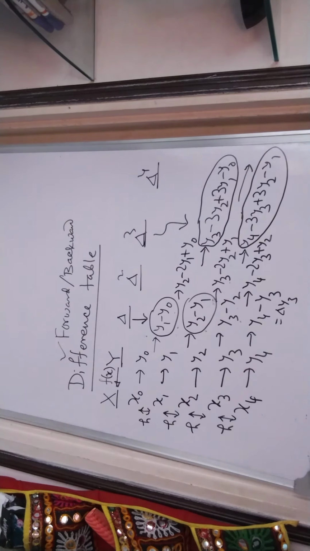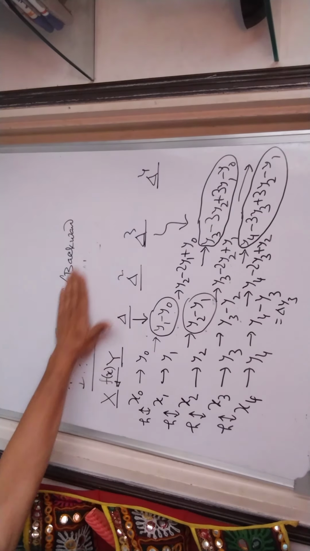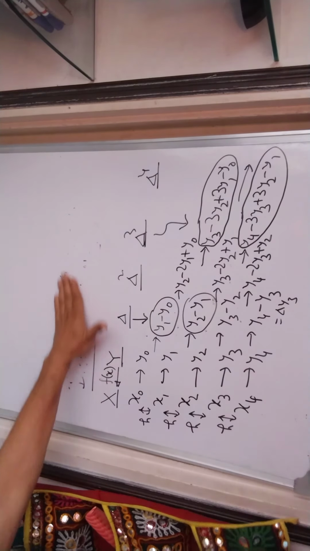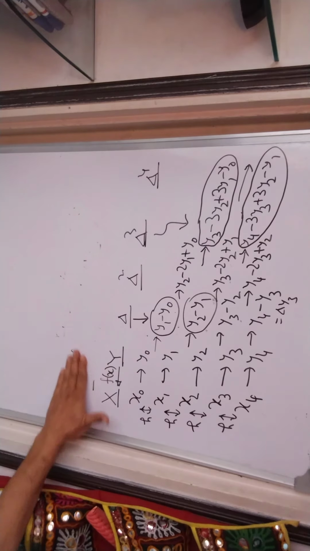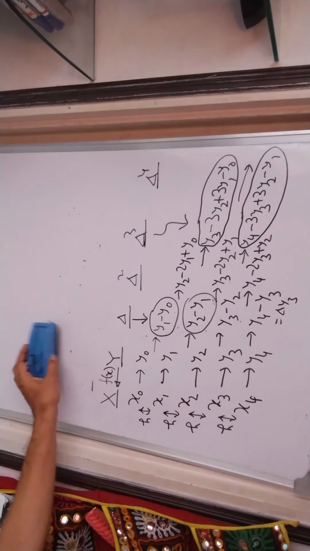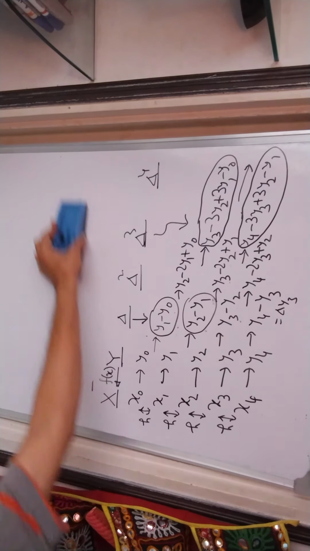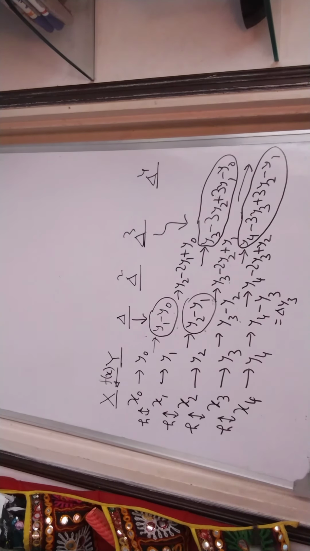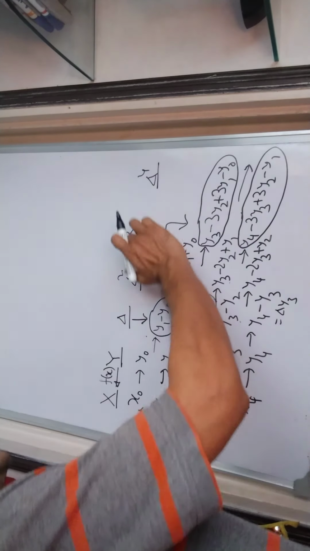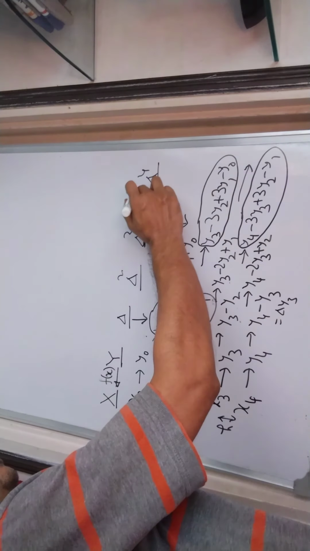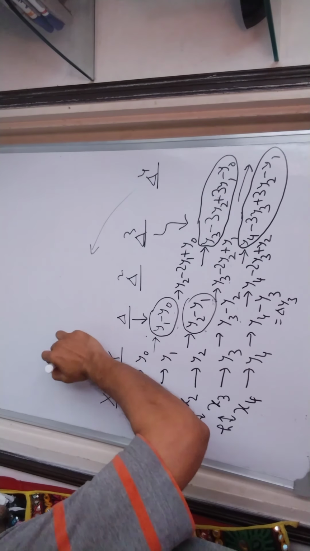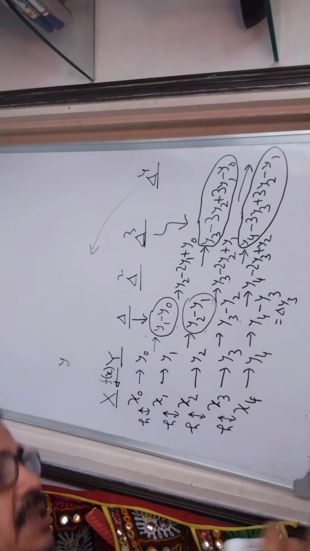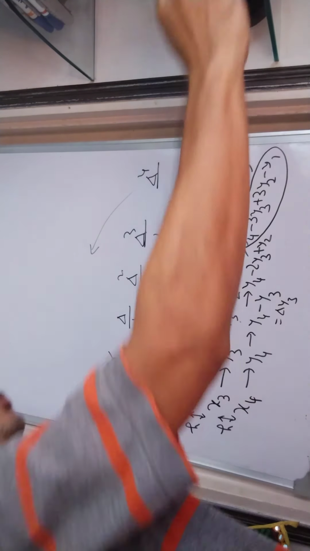And now we intend to write this here, because we don't have space left in this small board. We intend to write the difference between these two, the difference of third difference, which is nothing but delta 4. What does it become? Just note, let me write it in red ink and in bold face.